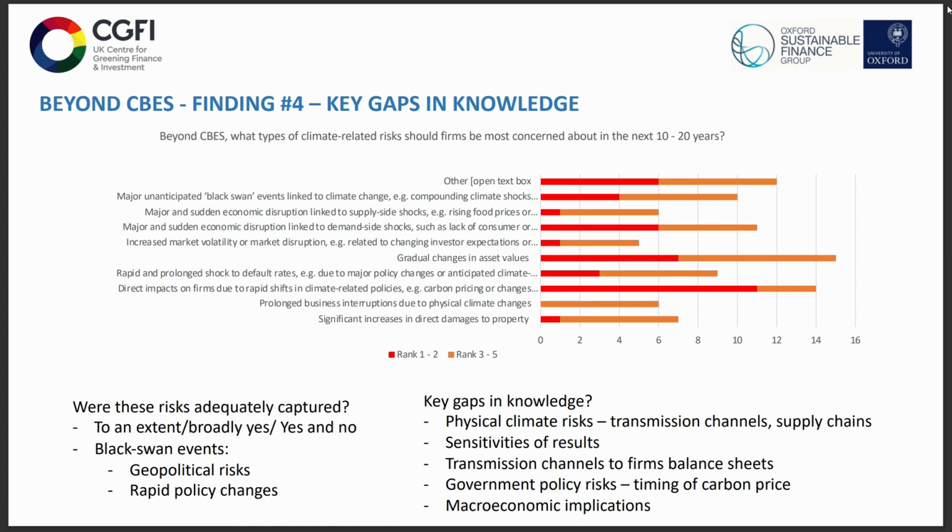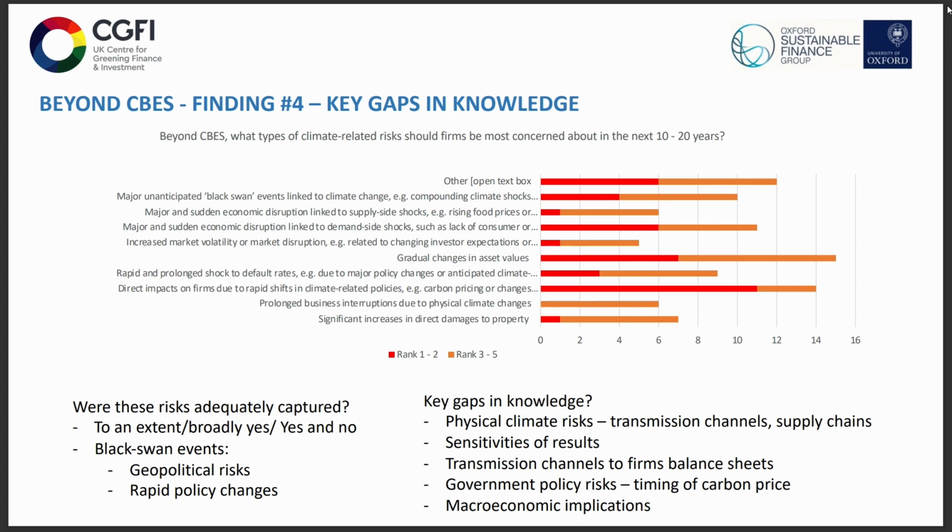And then, because we are an institution that looks at analysing these types of risks, we asked them what the gaps in the knowledge are. Physical climate risks, interestingly, came out as a really big gap that they all mentioned. They didn't feel there was a really good understanding of the full transmission channels between physical risks to the economy and how that fell on individual firms and what it would mean for them.